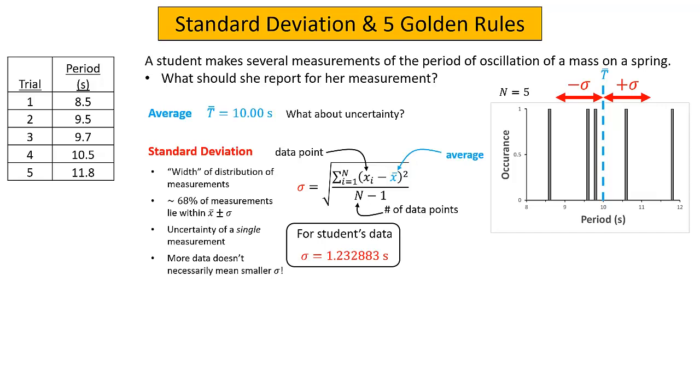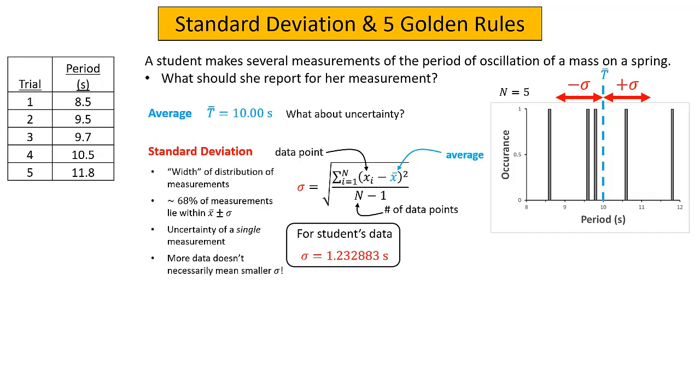Well, there's not much of a distribution here, but it's centered somewhere around 10, and there is a bit of a width. And the idea of the standard deviation is that about 68% of measurements should lie within the average value plus or minus the standard deviation. And we can see we've got 3 out of the 5 lying within plus or minus the standard deviation as shown here on the plot, and so that's about 60%, so it's pretty close.